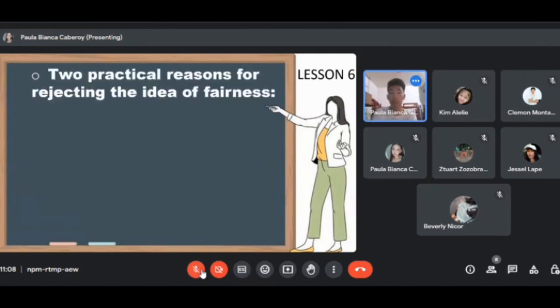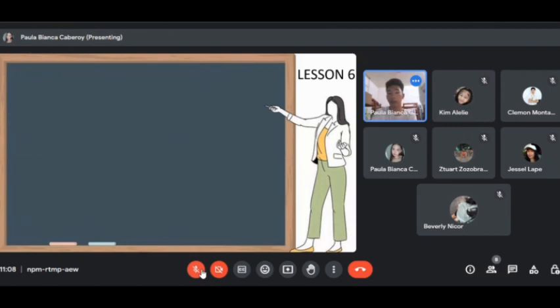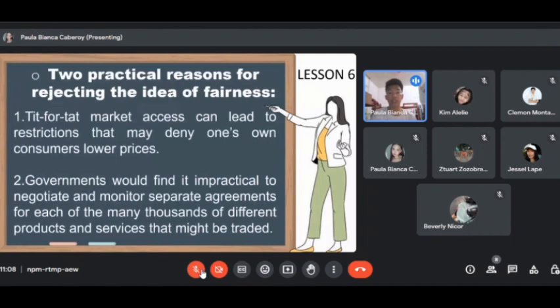So the two practical reasons for rejecting the idea of fairness: first, tit for tat market access can lead to restrictions that may deny one's own consumers lower prices.